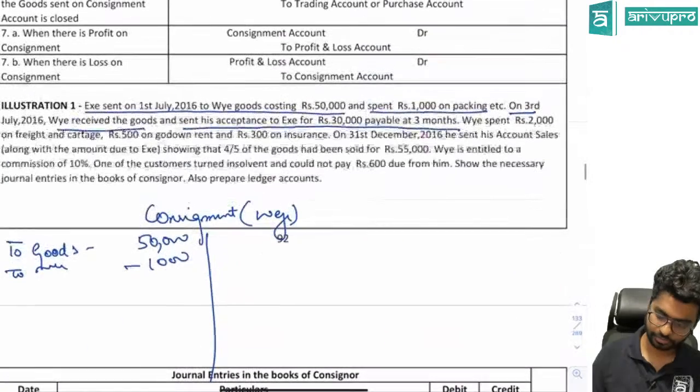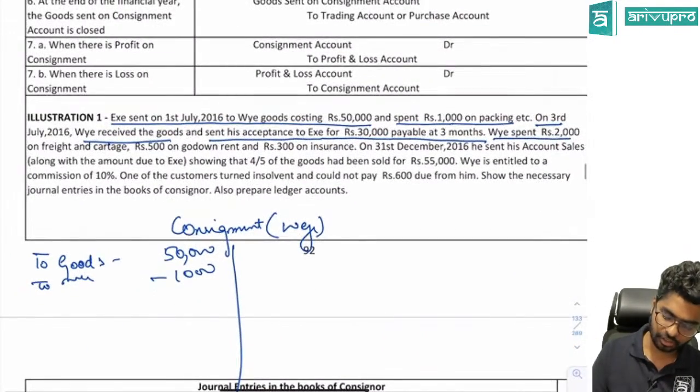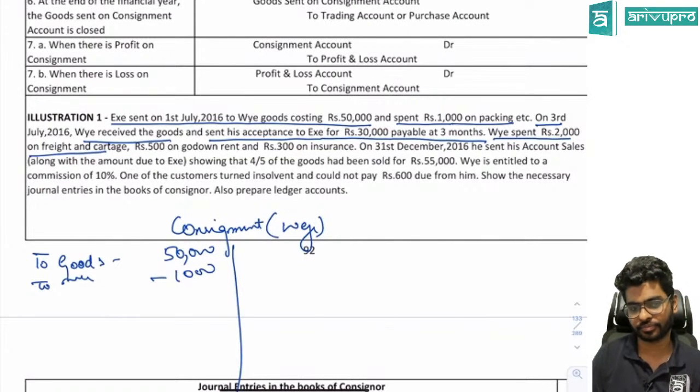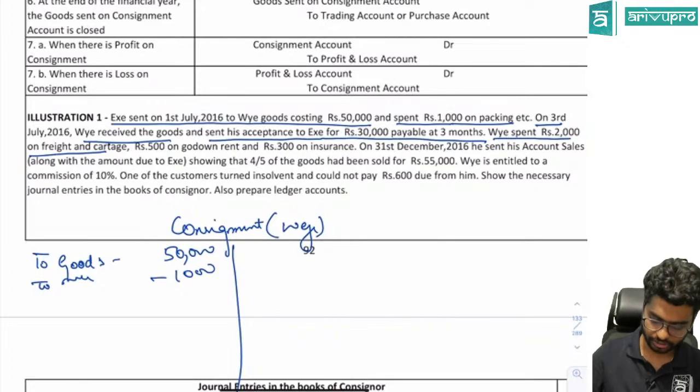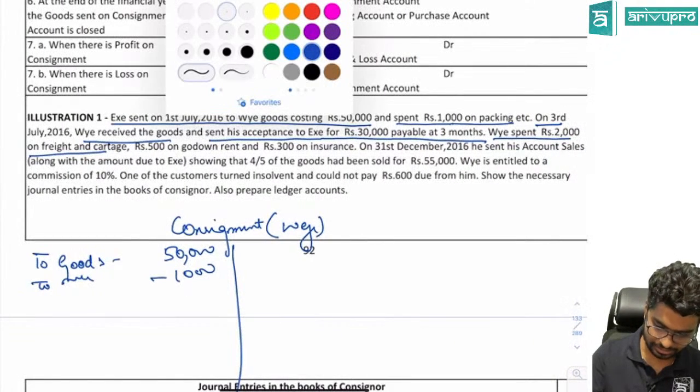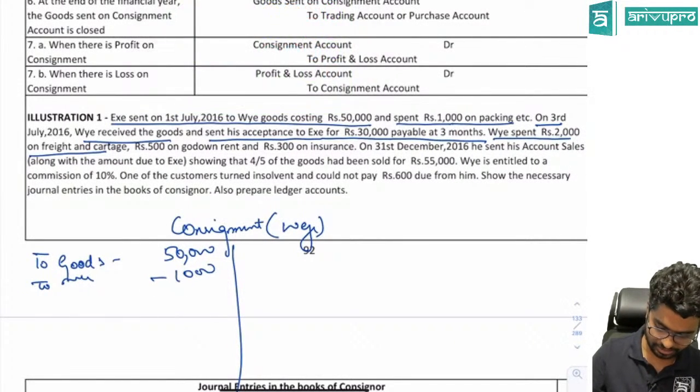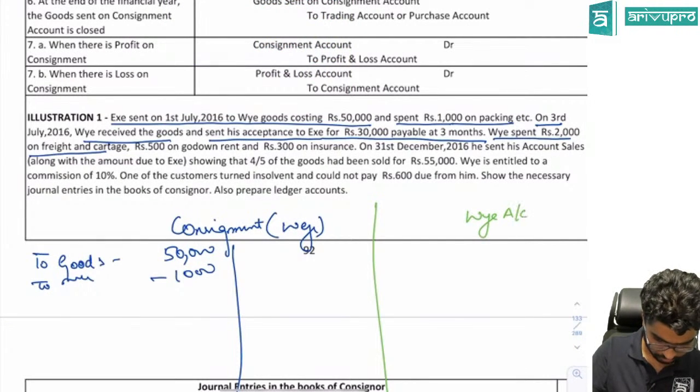Superb. Y spent 2000 on freight and cartage. What's going to be the journal entry? Sorry, on the other side, for my understanding, because I like ledger account, so I'll make Y account. Y paid bills receivable, so I'll write it as by bills receivable 30,000.